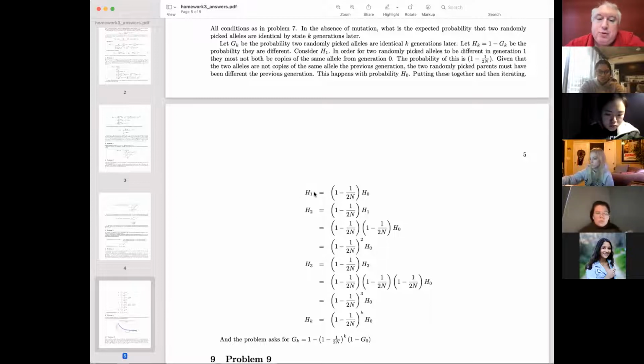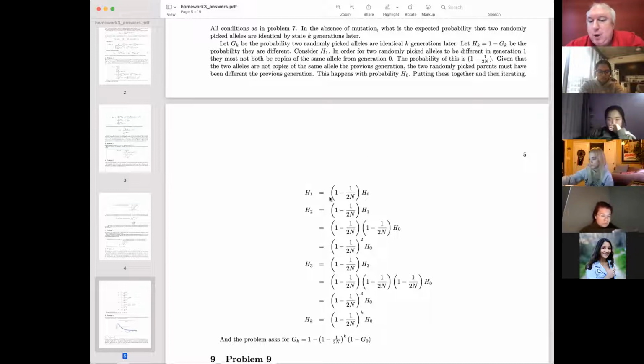So H1 is the probability that these are not copies of the same allele the previous generation times the probability two randomly picked alleles are different, because those were two different randomly picked alleles, plus 1/2n times 0.